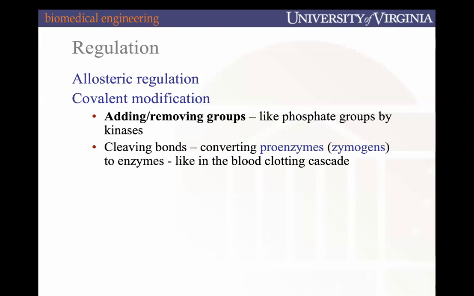So we have enzymes that cleave off the pro-cap on enzymes to make them go from a proenzyme to a mature enzyme. One example of this is in the clotting cascade, where we have the cleavage of prothrombin to thrombin. This is a modification that can happen to enzymes that will, again, allosterically regulate them.